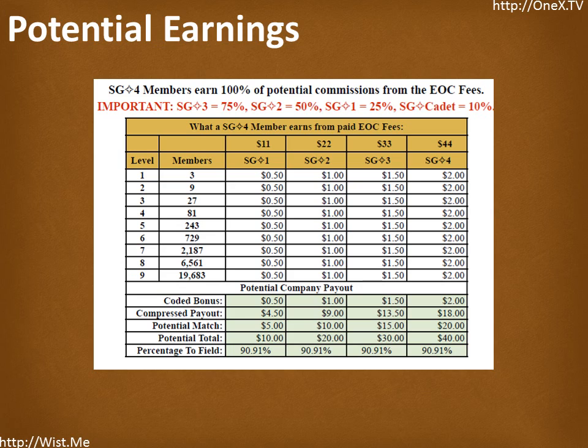Now, are you starting to see what this could mean to your income? I'm not going to talk about row 6. I'm not going to talk about row 7. I'm not going to continue on row 9 with almost 20,000 members. That would be $100,000 every month. I'm not going to talk about that. I don't want any hype. I want to keep this realistic.